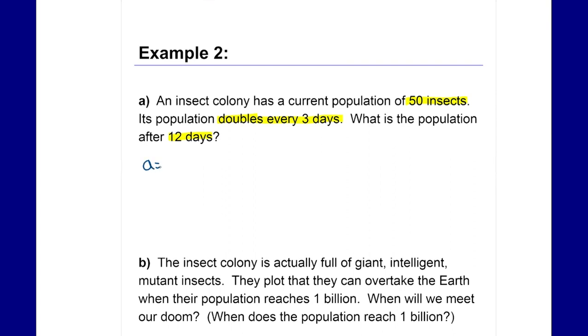Here we know our A value is 50 because that's our initial population. We know that our B value is 2 because it's doubling. And this one's going to be a little bit different. I'm going to highlight this part in green because it says it doubles every 3 days. So that means that our X value is actually equal to X over 3.